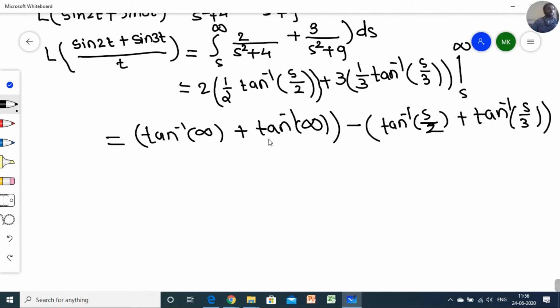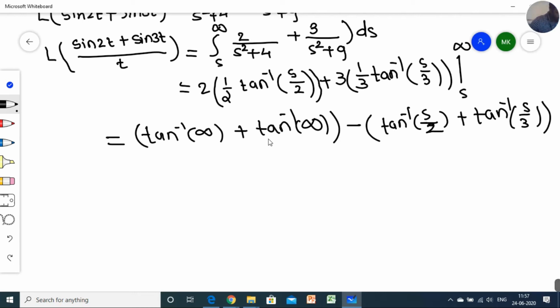Anyone can turn on your mic and say what is the value of tan inverse of infinity? Pi by 2? Anyone? Pi by 2, pi by 4, or what?